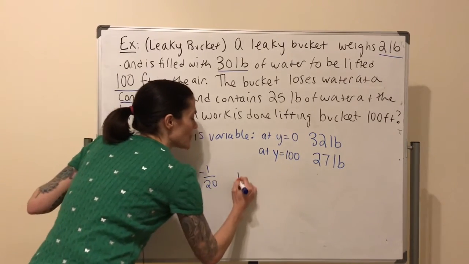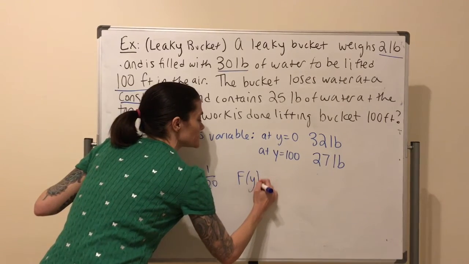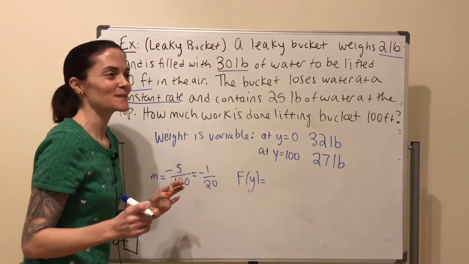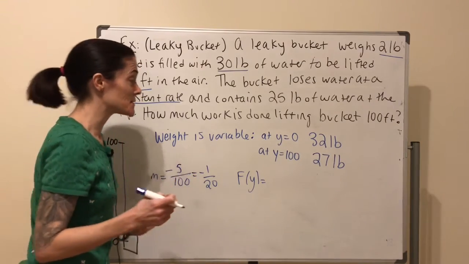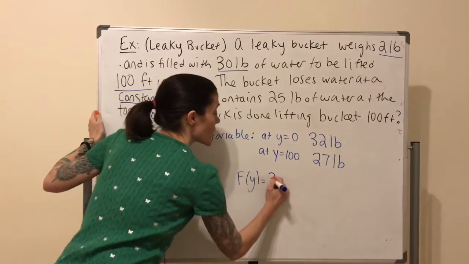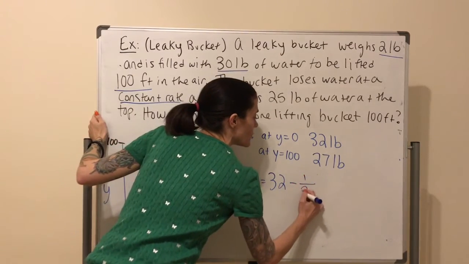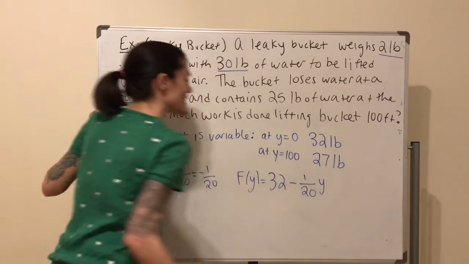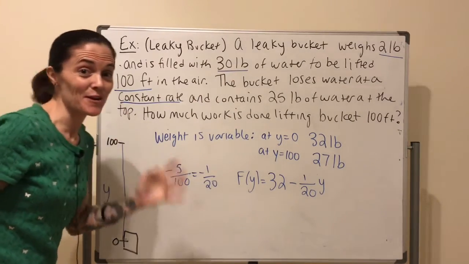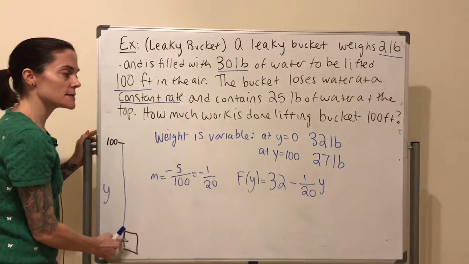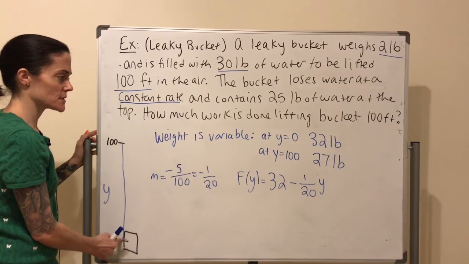And so I can write my force function as, well, you think like the slope intercept, right? When y equals 0, we are 32. And then here is my slope, y, like this. This is my function for variable force, and you could check when y is 0, that's this height, we have 32 pounds, very nice.